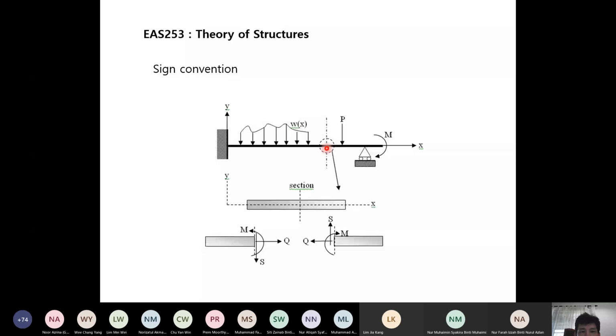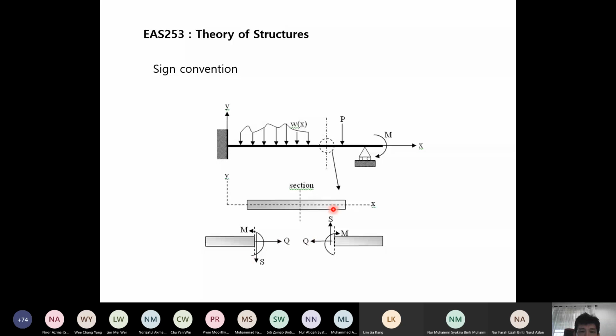Then in this particular part, we further separate this section into two portions, one on the left, one on the right. And when you cut here, remember internal forces appear and should be indicated on the free body diagram. So I have Q, S, and M here, Q, S, and M.